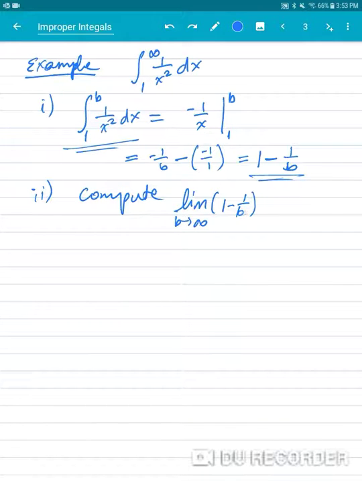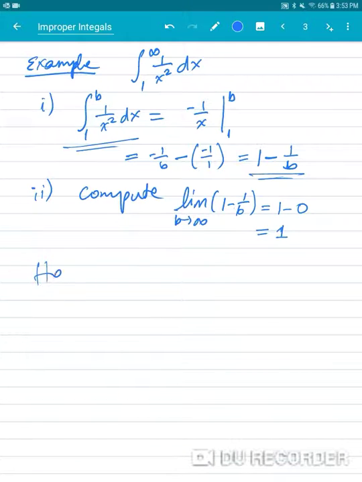That's the small number, 0.01. When b gets larger and larger, this goes to 0. I know this is Calculus 1 material, but some of you may have forgotten what that limit is. So that goes to 0, so this goes to 1 minus 0, which equals 1. Oh, okay, so a finite number. It goes to 1.